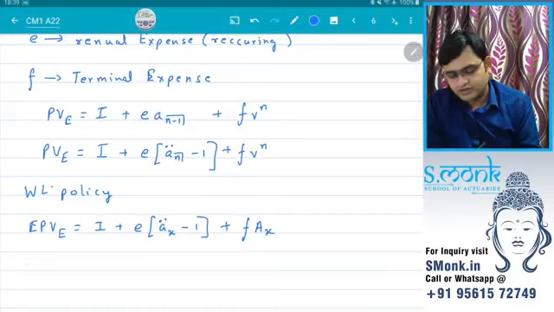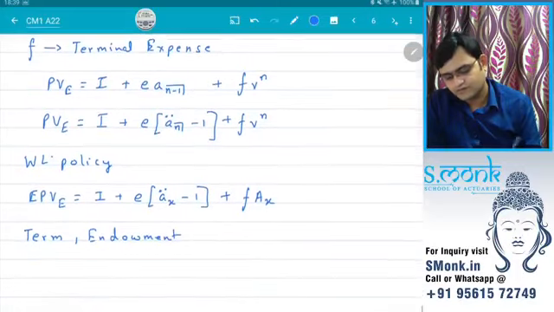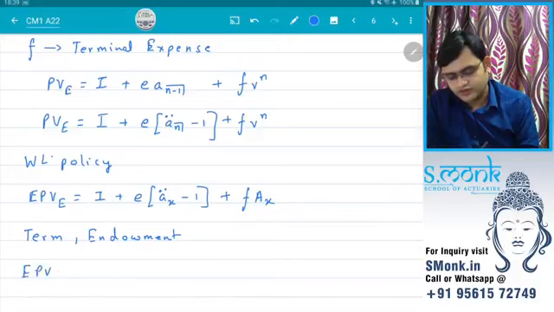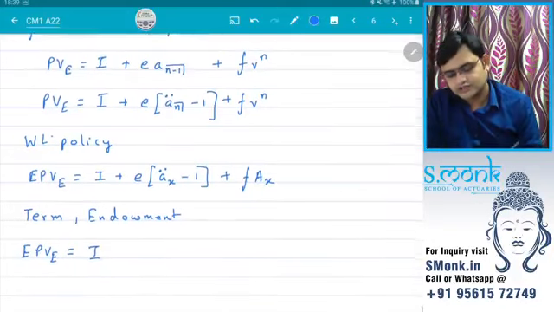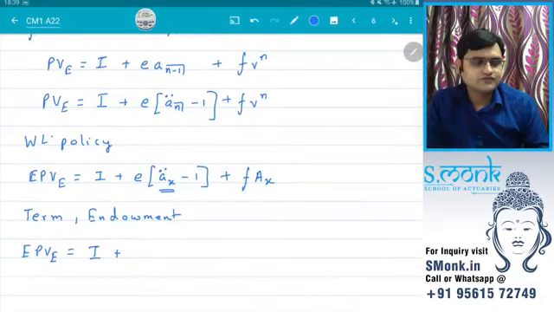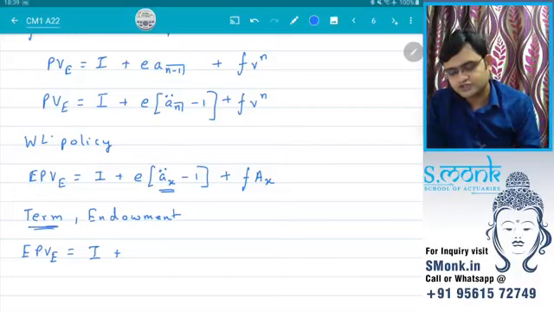For term and endowment, the expected present value of expenses will be initial as it is, but here the policy is not going for whole life. The policy is now going for only n years, in both cases, term and endowment.